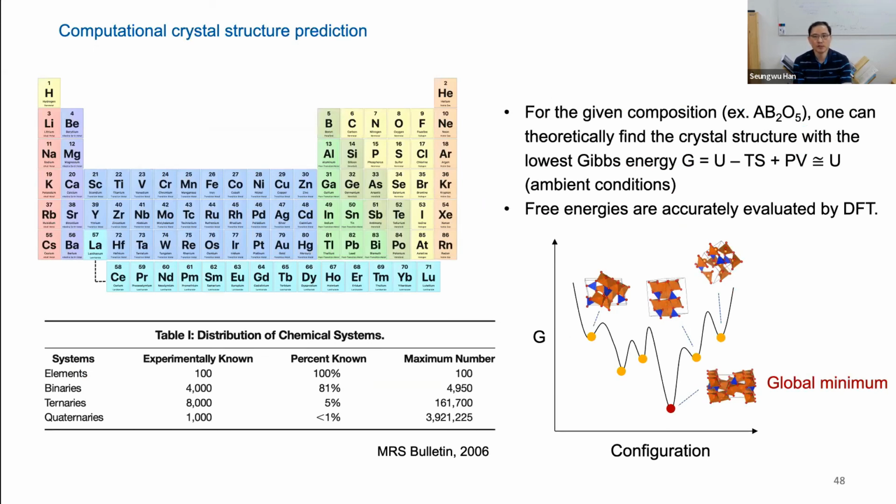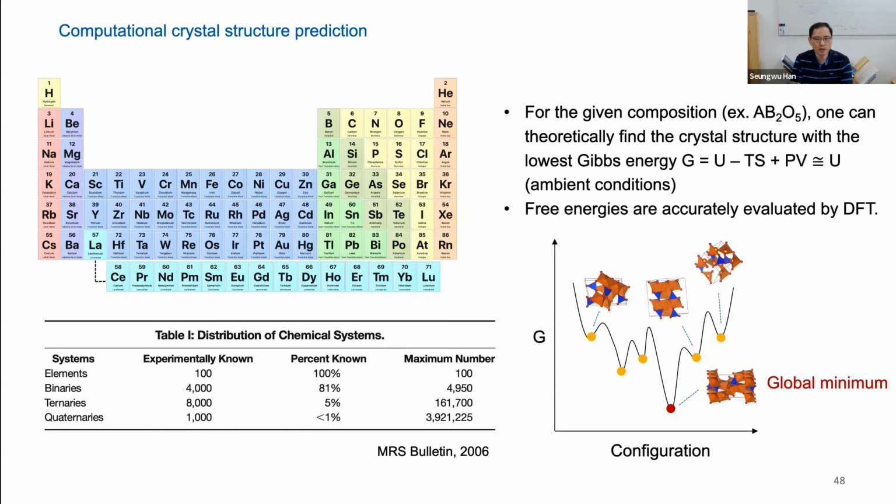an example, crystal structure prediction. This is motivated by the observation that in the case of elemental or binary systems, almost every inorganic compound is known. But in the case of ternary or quaternary systems, there are not many regions or domains that have been explored experimentally.